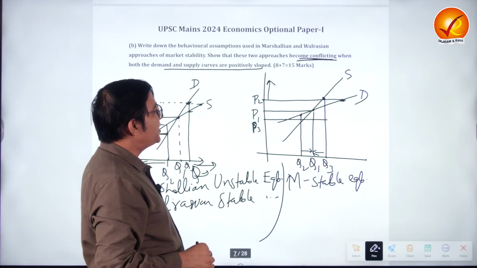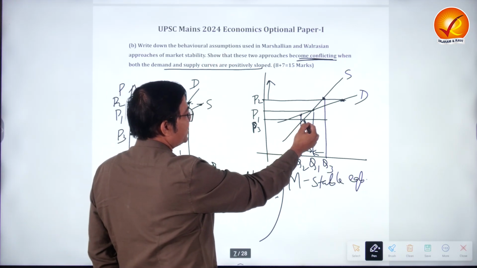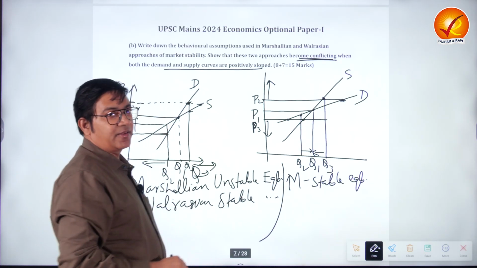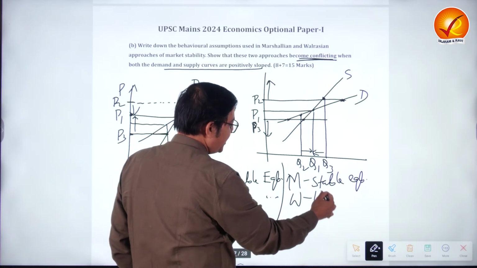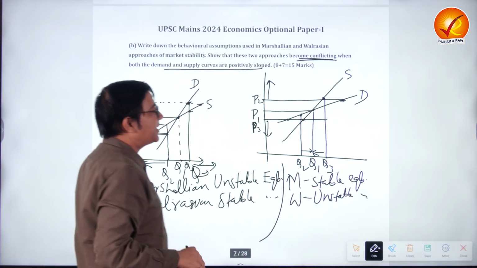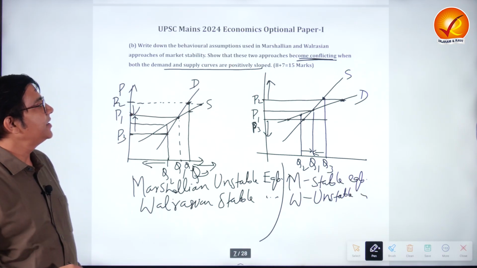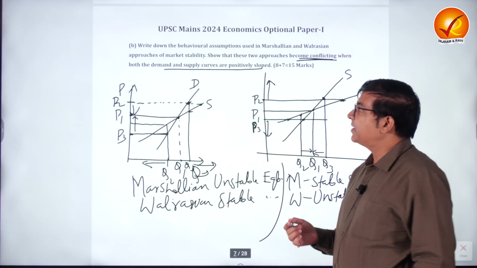Therefore there will be a movement away from equilibrium. Similarly, here there is excess supply, the prices fall. There is movement again away from equilibrium. This is Walrasian unstable equilibrium. As you can see, in both cases, Marshall and Walras are conflicting in their approaches. So that is basically about this question.